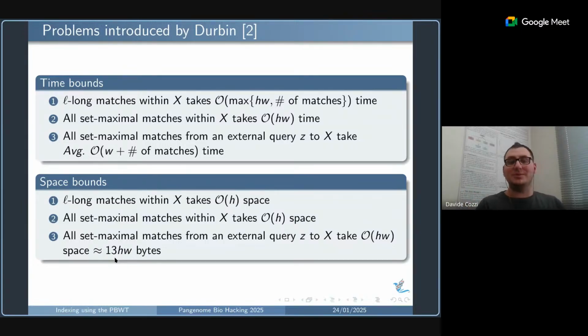In fact, if you do some math, we obtain 13 H W bytes. And if you remember the numbers that I told you before regarding the chromosome 1 panel from the 1000 Genome Project, we obtain something like 400 gigabytes of RAM. So it's not something that everyone can provide.